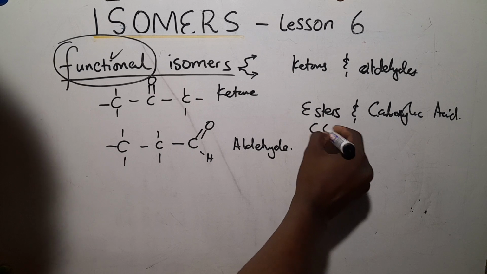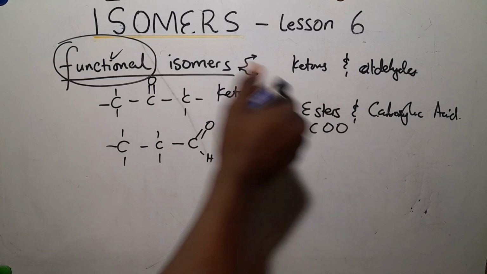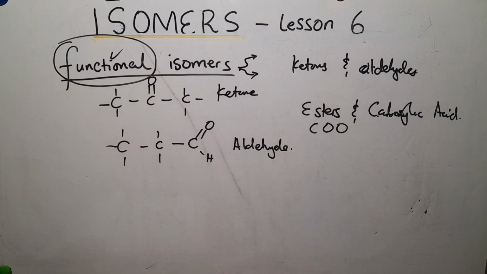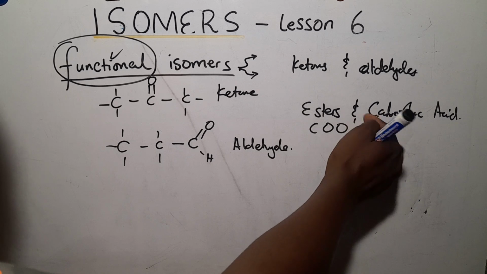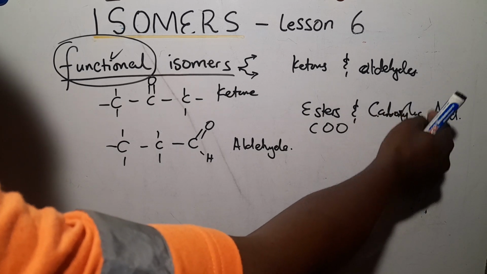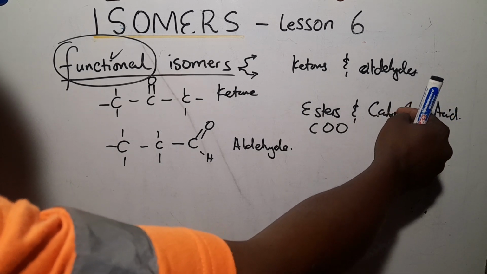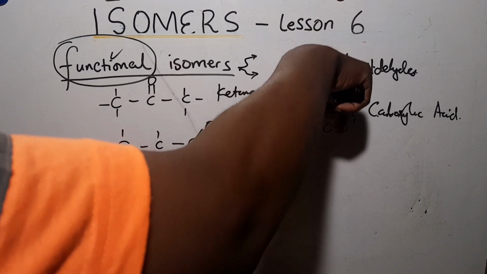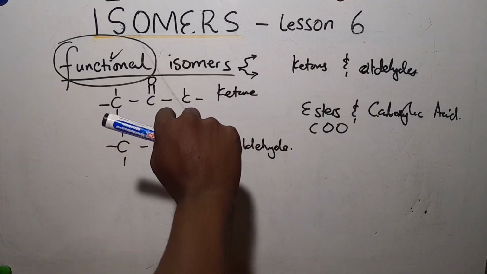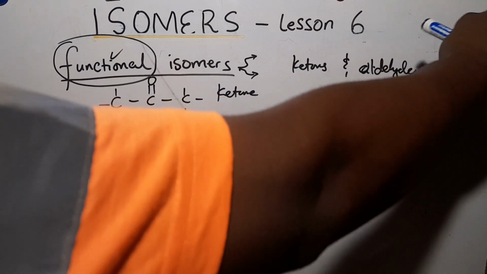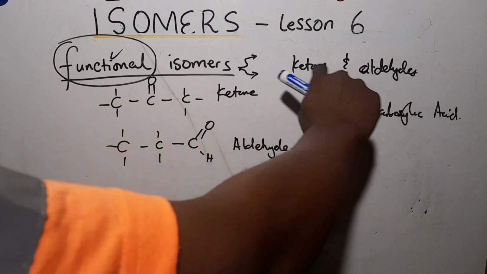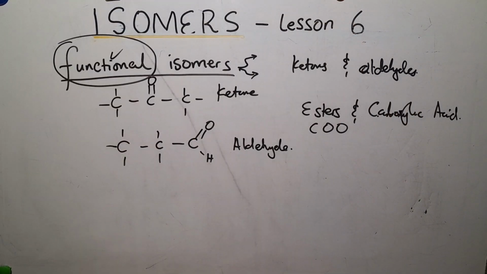That one that is having a double bond O and an O and H, right? So it means that when it moves to the end of the chain, it is a carboxylic acid, and when it is within the chain, it is an ester. And again, when it moves to the end of the chain, aldehyde, within the chain, ketone.